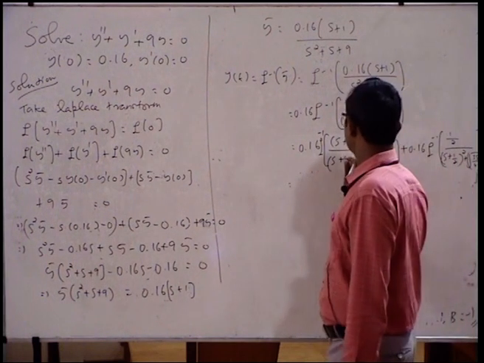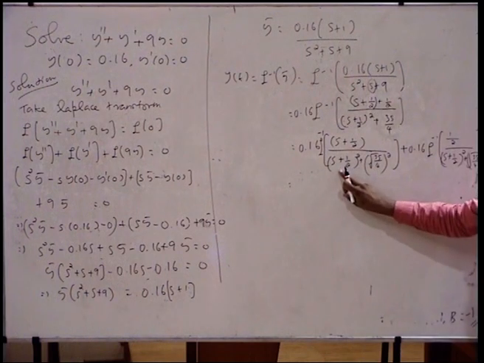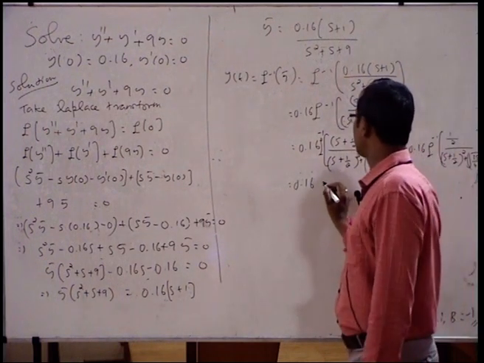Now, we know that since the term is s plus 1 by 2, we can take the exponential function outside.